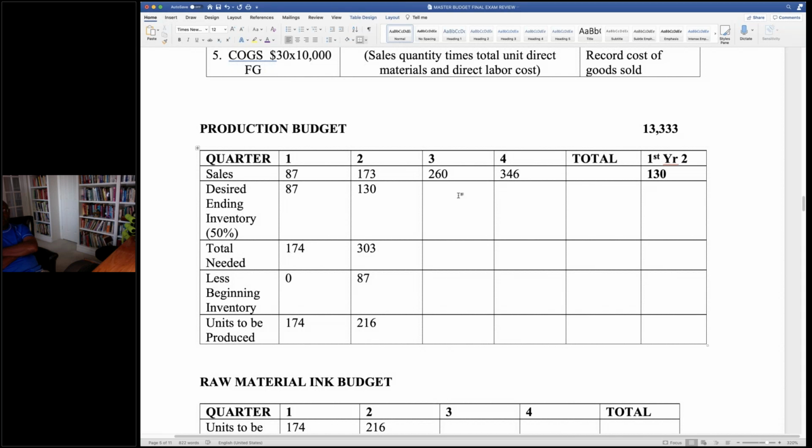So we're gonna put 173 here, 173, half of 346. When we add those up, we're gonna get 433.